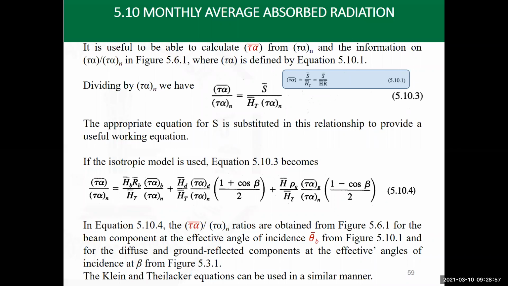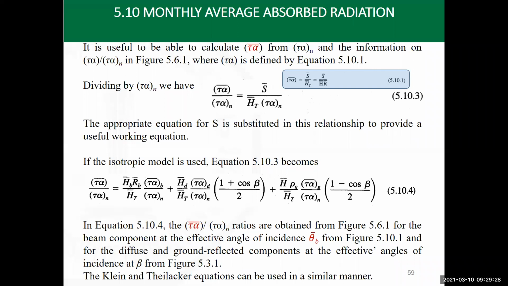Now we're still with the monthly averaged absorbed radiation, where it is useful to be able to calculate the value of tau alpha bar from tau alpha normal, and the information is in figure 5.6.1, where tau alpha bar is simply defined by equation 5.10.1, which says that tau alpha bar is basically S bar divided by H bar T, which is the radiation falling on a tilted surface.